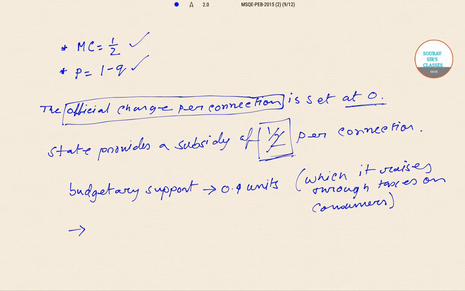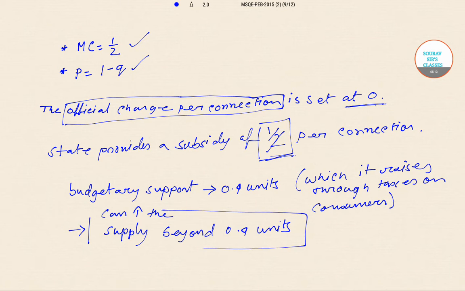Bureaucrats cannot, however, increase the supply beyond 0.4 units.